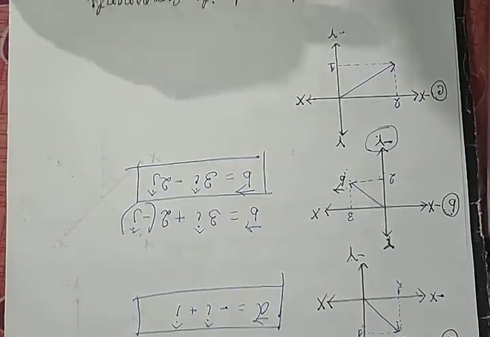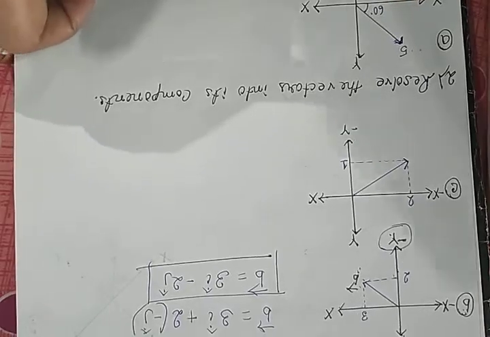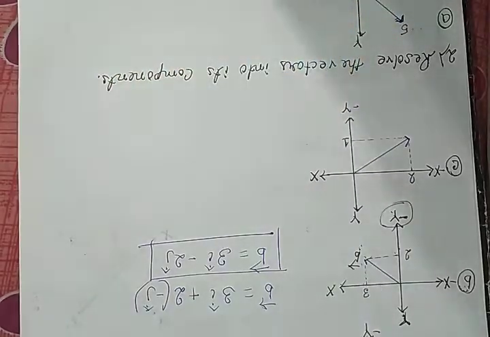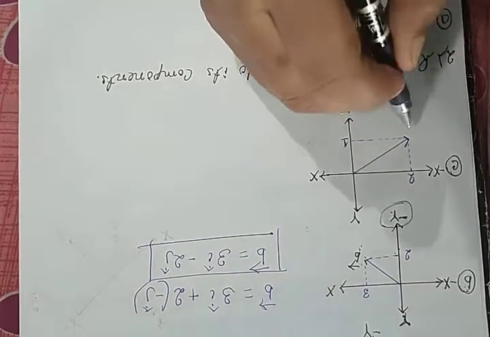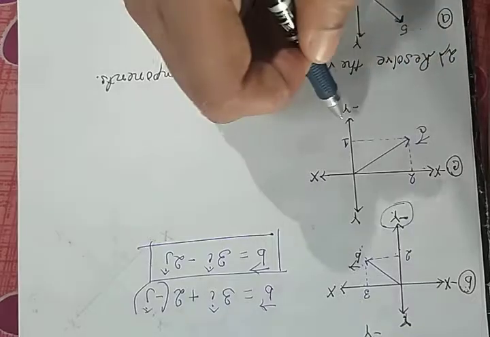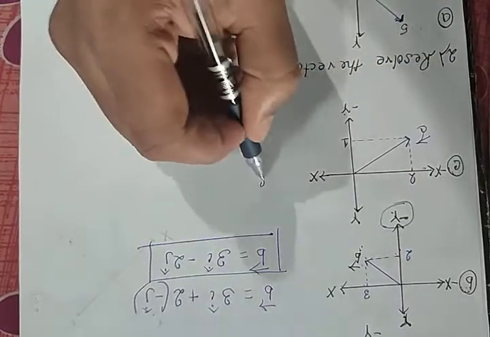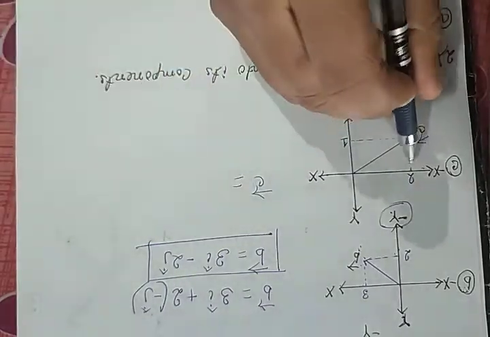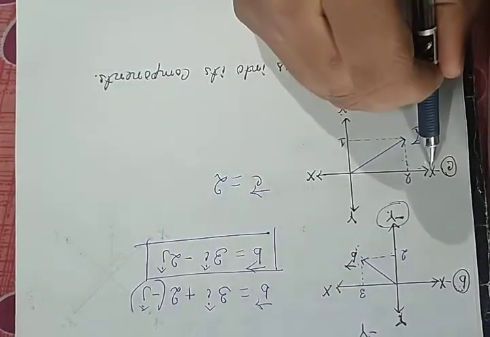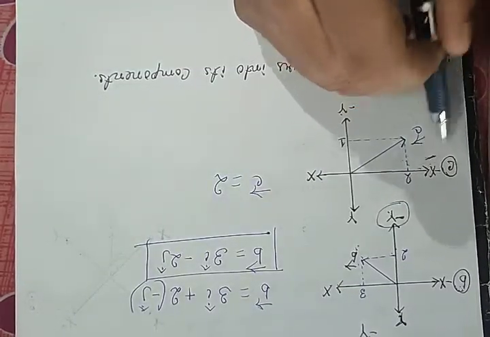The third question is the same kind of question. Suppose this is your vector C. The vector C is lying between the negative x axis and the negative y axis. So you can write vector C equals: what is the value in the x axis? 2. And what is the unit vector along the negative x axis?